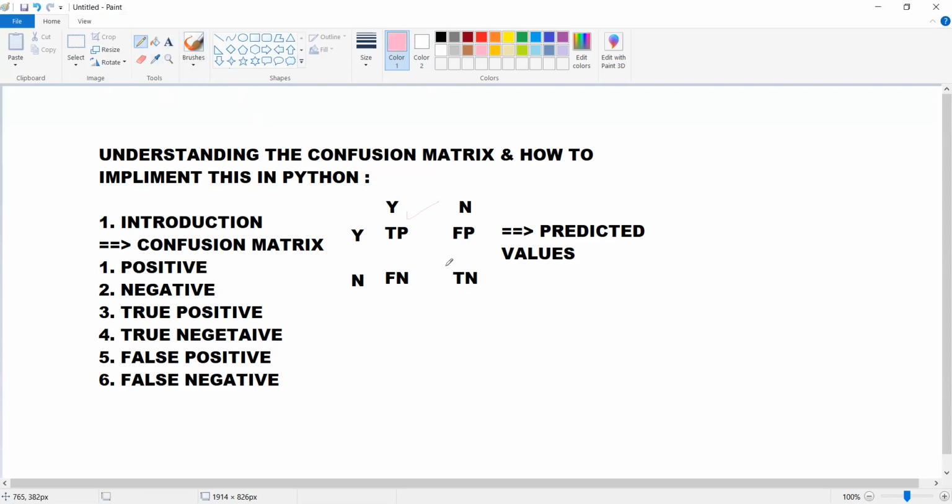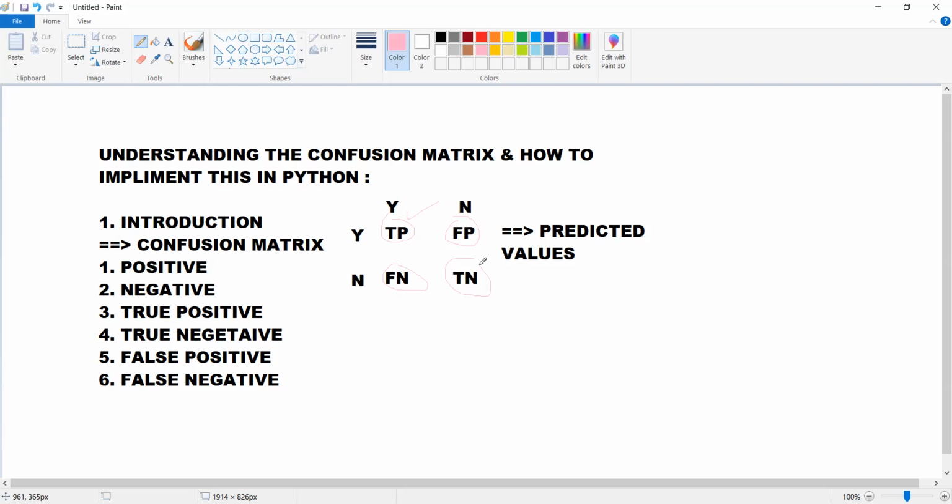Okay. So what is true positive? What is false positive, what is false negative, and what is true negative? These things we first need to understand, but before that, what is positive? If the observation is positive, like this is a dog, this is called positive.